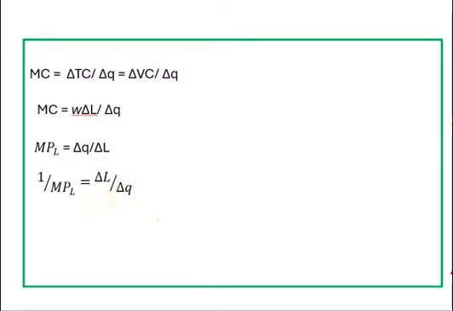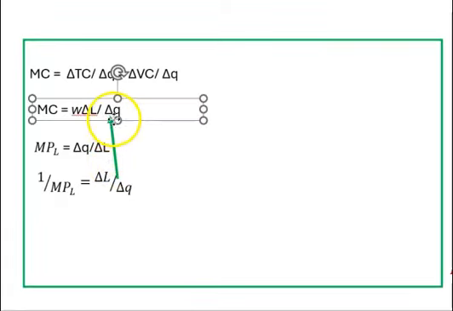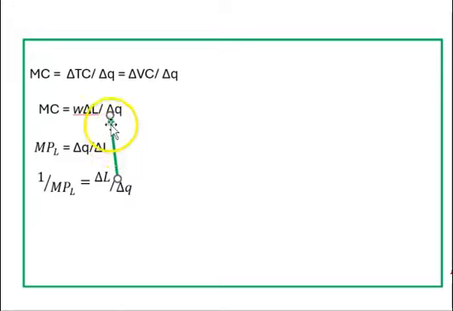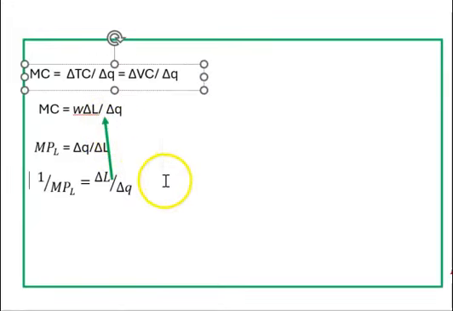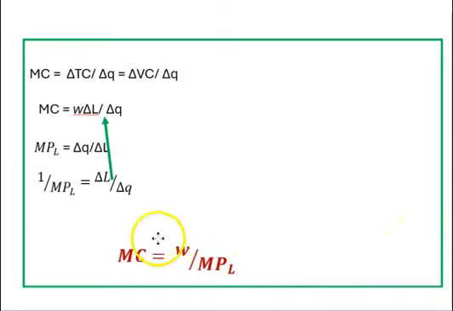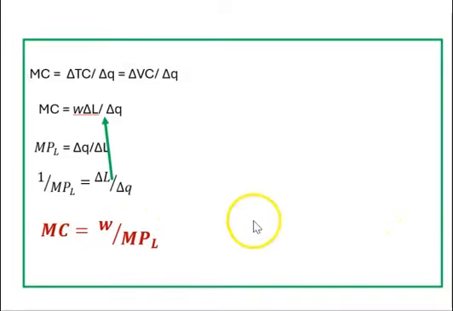And you can see that this is the same as this part of the equation: change in labor divided by change in output. So if we take 1 over MPL and substitute it into this equation here, what we will get is marginal cost equals wage divided by marginal product of labor.